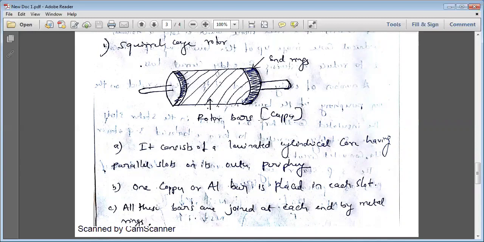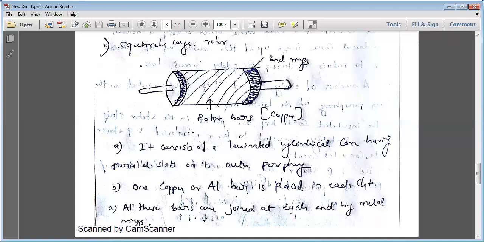The rotor bars may be of copper or aluminum, and these skewed rotor bars are permanently short circuited to the end rings. All these lines indicate the rotor bars which are permanently short circuited. That's why the name, as this looks like a cage: squirrel cage rotor or squirrel cage induction motor.